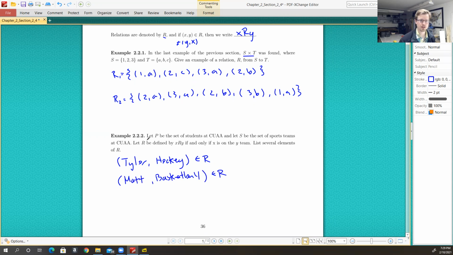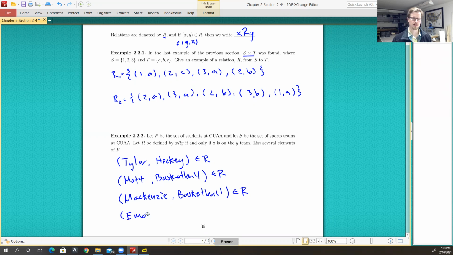A person in that set is related to the team that they play on. Excellent. And there's a Mackenzie. And Mackenzie also plays basketball. So maybe I should have specified women's team versus men's team. And then there's also an Emily that plays volleyball.